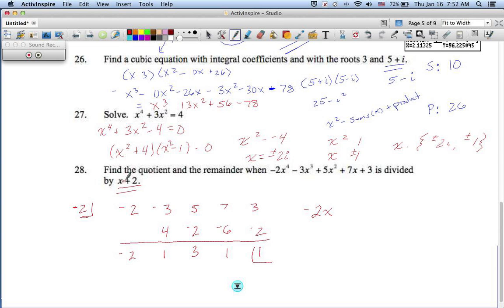I divided by a first degree, so that makes it cubic, plus x squared, plus 3x, plus 1, with a remainder of 1, which is written as plus 1 over x plus 2, right? It's 1 out of this is left. Final answer, end of page 5. We'll see you in a bit.